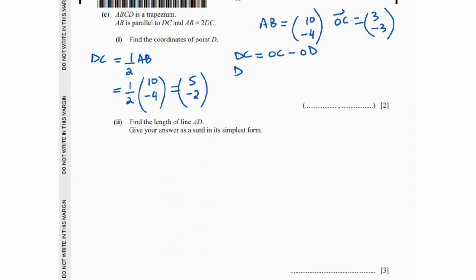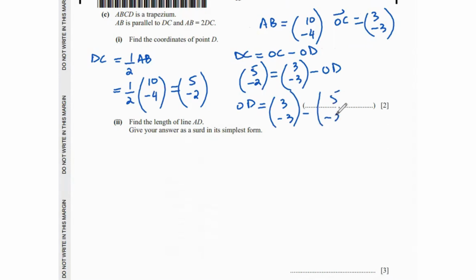So (5, -2) equals (3, -3) minus OD. OD would be (3, -3) minus (5, -2), which gives us (-2, -1). These are the coordinates of point D. We're just using vectors to figure out what the missing coordinates are.